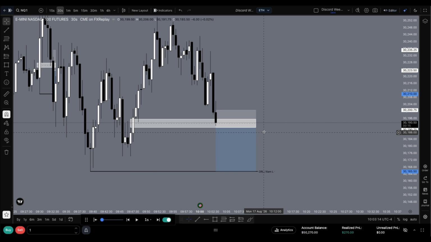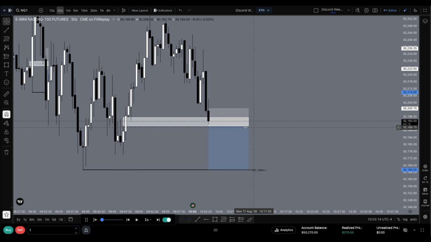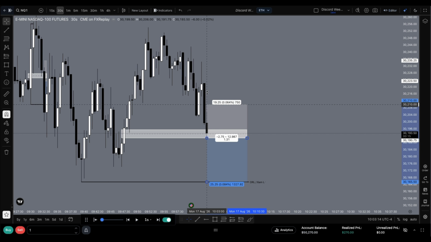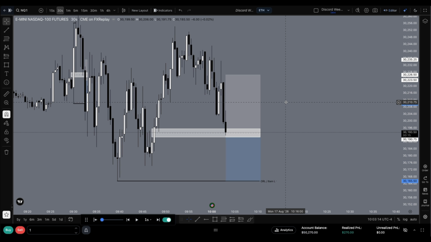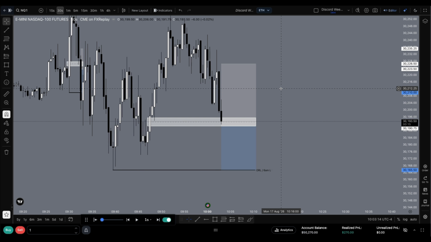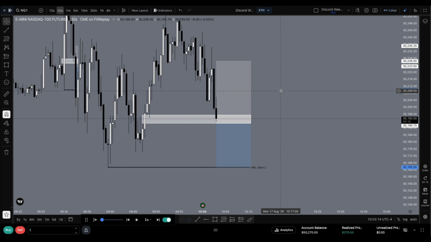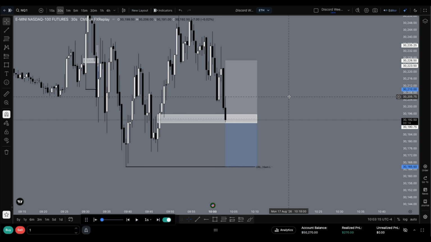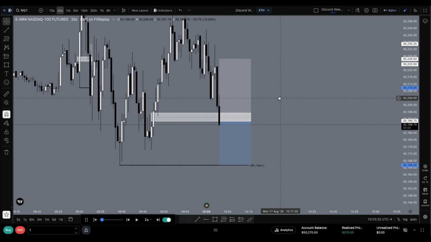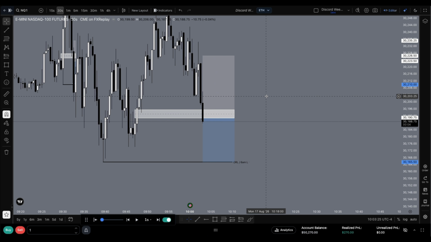I like to have my stop loss so the RR is always somewhere around 1. So what would be a better place to put your stop loss? I would say probably around here. This looks a lot more ideal for me. So I'm waiting to front run this.